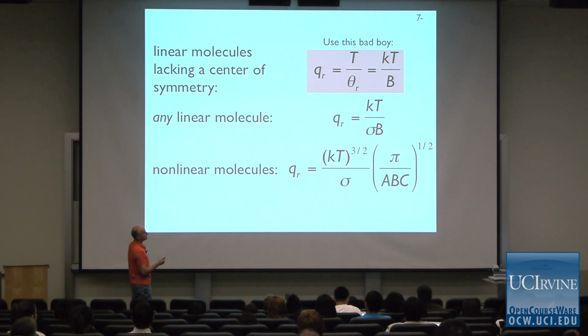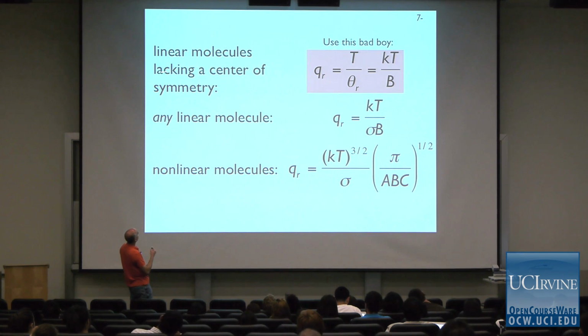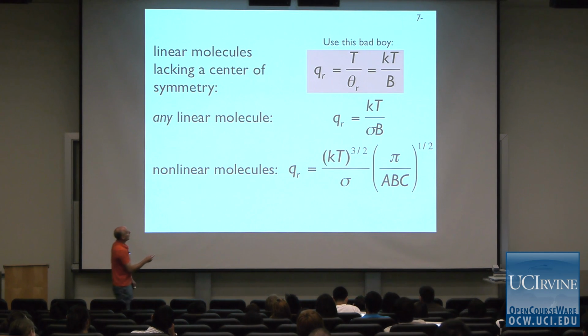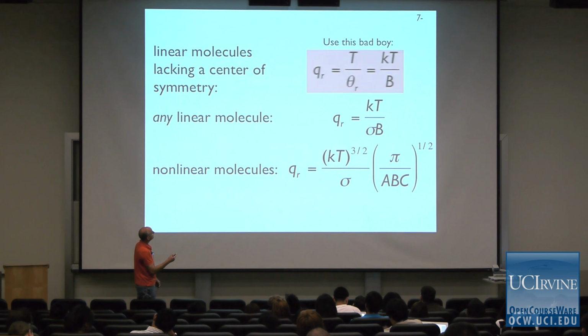Here are our choices. Here are the equations that we flashed on the screen on Friday. We're going to use this one. I hope you've noticed that this one and this one are basically the same equation, because if the linear molecule lacks a center of symmetry, sigma equals 1. So these are just the same equation, for goodness sakes. In this case, the molecule lacks a center of symmetry, so we're going to use this one.